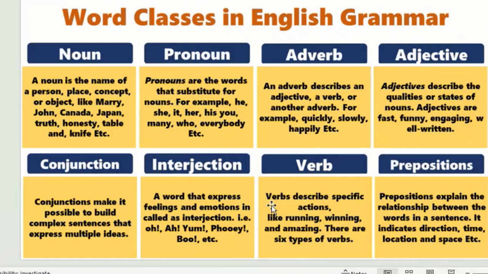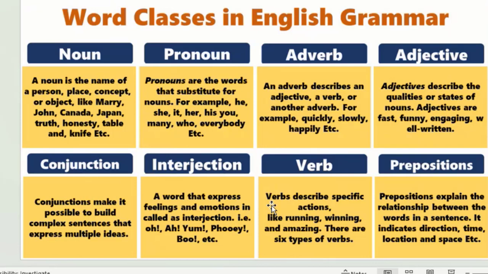Here now it clarifies. A noun is the name of a person, place. I've just mentioned that and given you examples. You go to preposition. Prepositions explain the relationship between the words in a sentence. It indicates direction, time, and so on. A conjunction makes it possible to build a complex sentence that expresses multiple ideas.